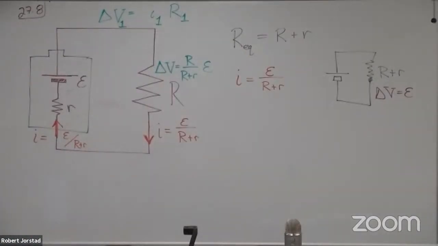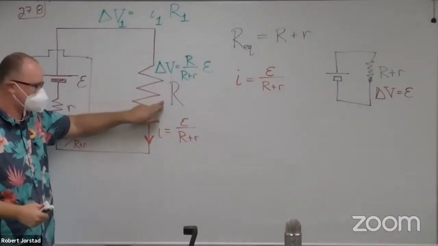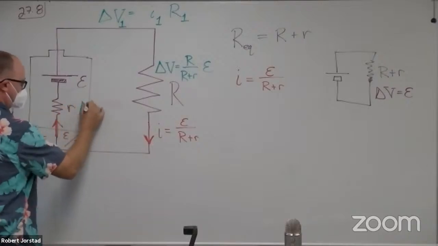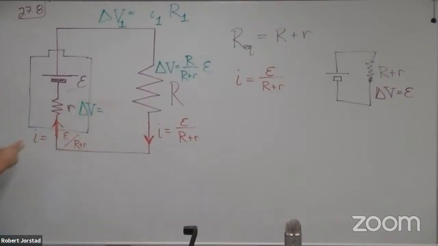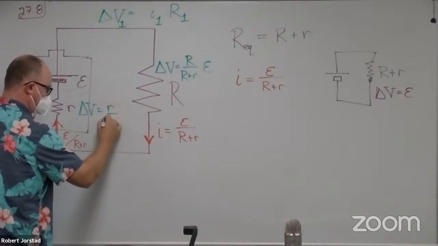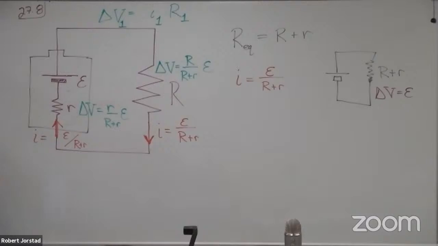The idea here is the voltage is this current times this resistance. What's the voltage over here for this one? It would be this current, which happens to be the same, times this resistance. Little r over R plus r times E. Okay, does that make any sense or no?